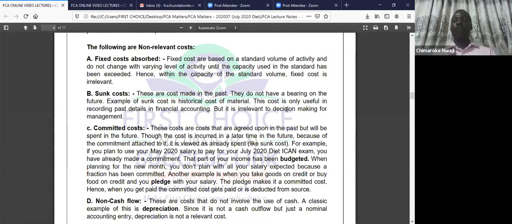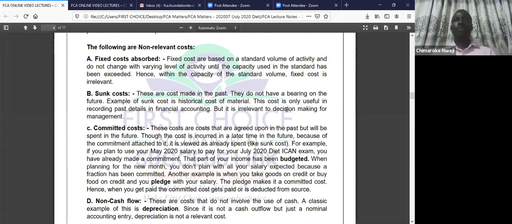That's why when we are making decisions, we don't use the historical cost of material to make decisions because it's already in the past. After all, how much you bought a particular bag of flour 2 or 3 months ago, the price may change now. And if you are basing your decision on how much you bought it in the past, then it's wrong.